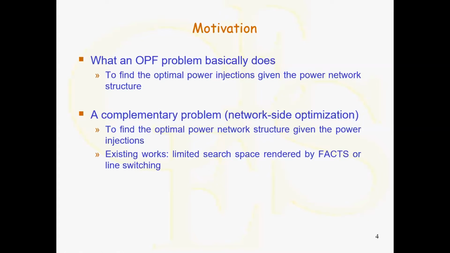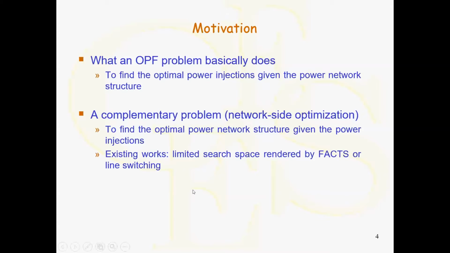However, the search space for the optimal network structure in these works is highly limited due to the physical restrictions, including the capacity and the location of the control devices available. And these realistic settings, on one hand, make the obtained scheme practical, but on the other hand, fail to provide a full picture of the optimal network structure.